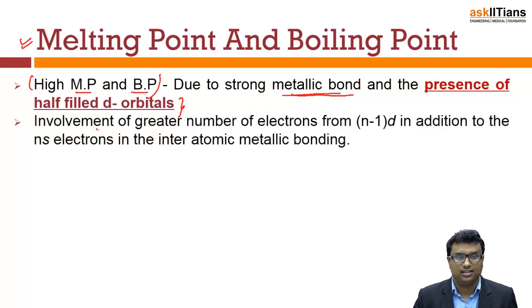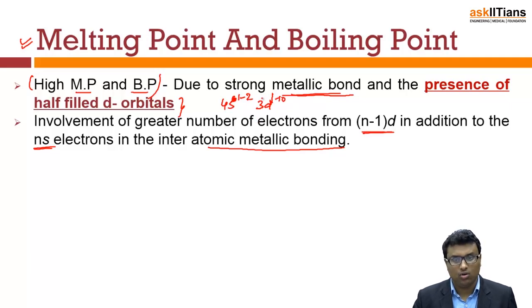The next important reason is the involvement of a great number of electrons from (n-1)d in addition to ns electrons in the interatomic metallic bonding. Transition elements have 4s0 or 4s1 to 2 and 3d1 to 10 configuration. So you are involving the (n-1)d orbitals, or the electrons present in the (n-1)d orbitals.